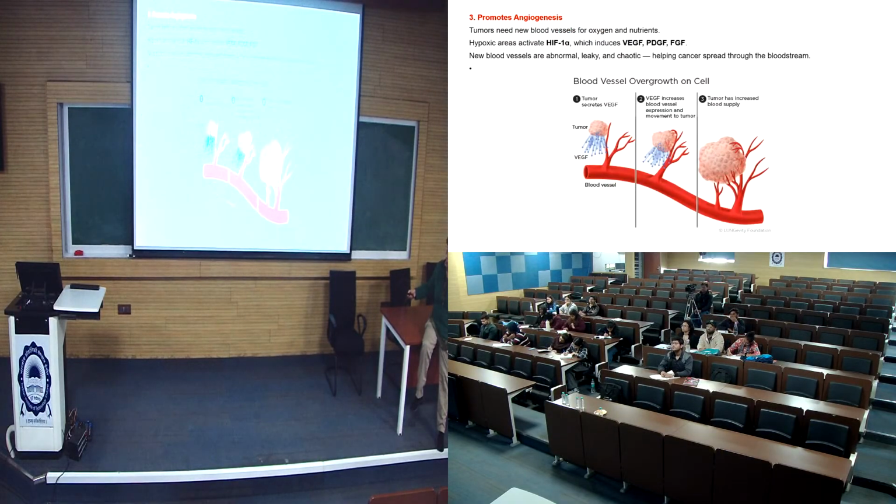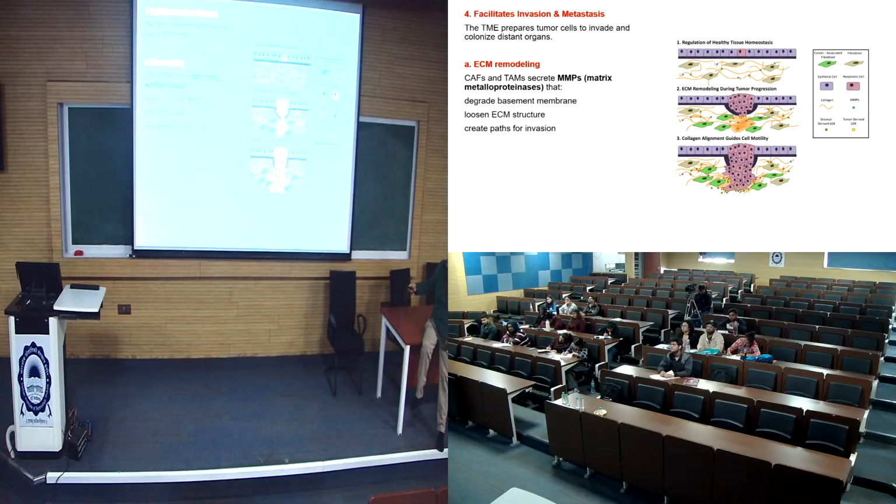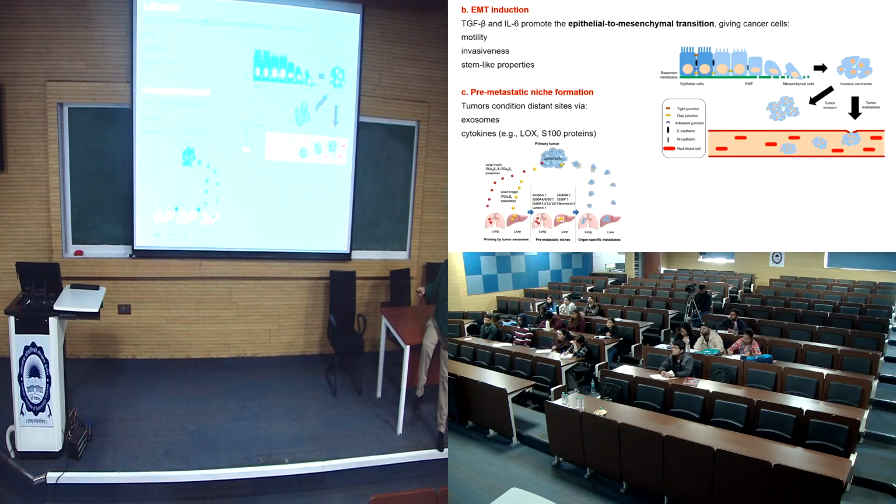They promote angiogenesis. They facilitate invasion. There are boundaries that tumors cannot cross, so they break the boundaries. They change the extracellular matrix. ECM is extracellular matrix. They break the whole thing, secrete factors so that everything breaks apart so that they can spread. And EMT, I told you, right?